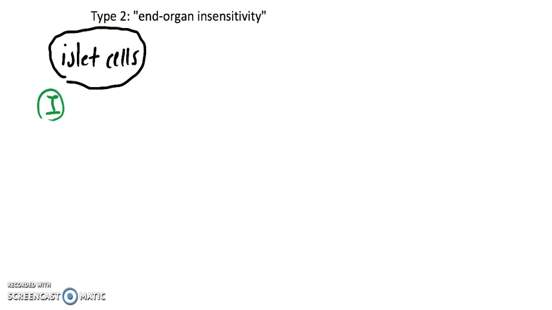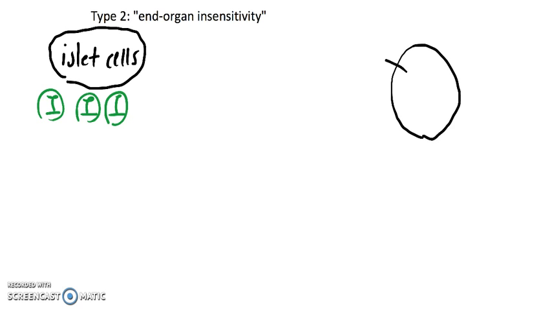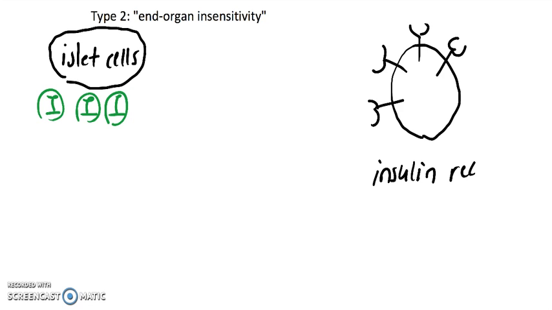So there is our insulin. The issue lies with the organ that it targets. So let's say here's a tissue, and this normally has receptors for insulin. So these guys here are receptors for insulin, or insulin receptors.